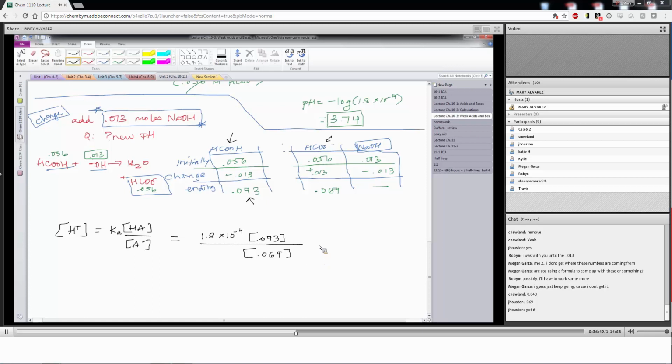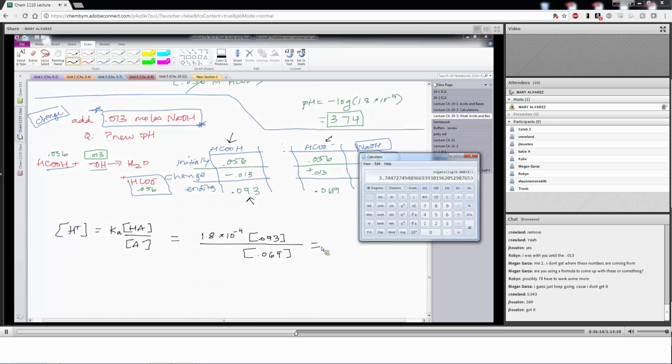Okay. So we plug that in. We have 0.043 divided by 0.069. We're going to multiply that by 1.8 times 10 to the negative 4th. And we get hydrogen ion concentration of 1.12 times 10 to the minus 4th.